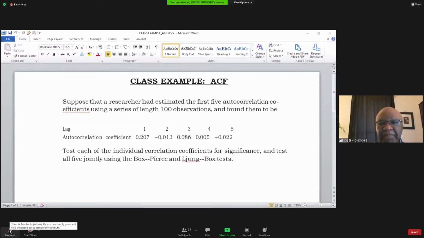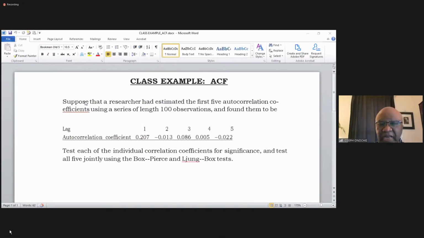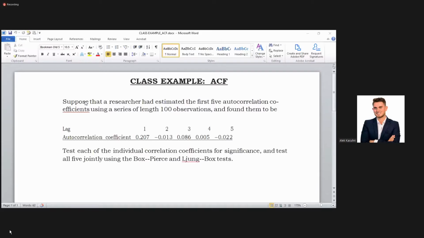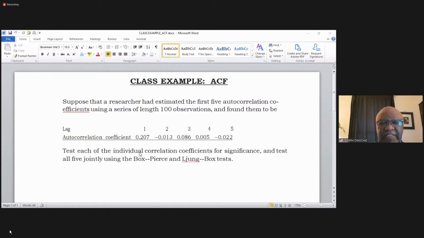Okay, this is on Blackboard. I did this problem with you in class. Does anybody remember this? Yes. Okay. So in this example, I tested individually.